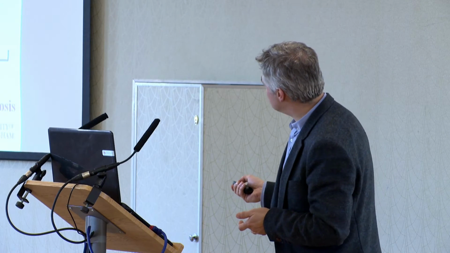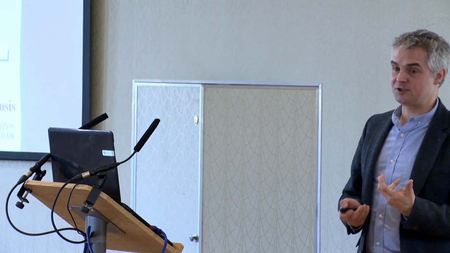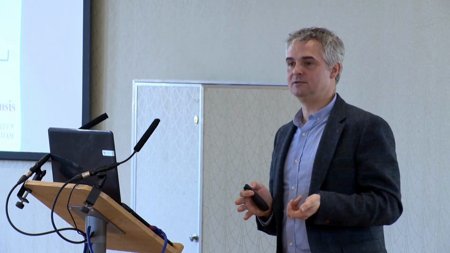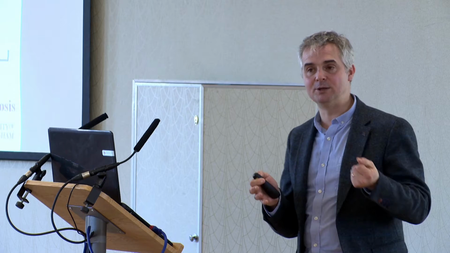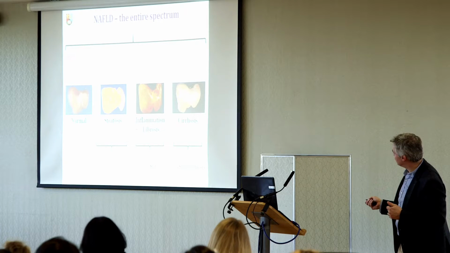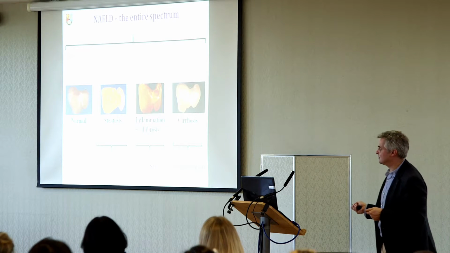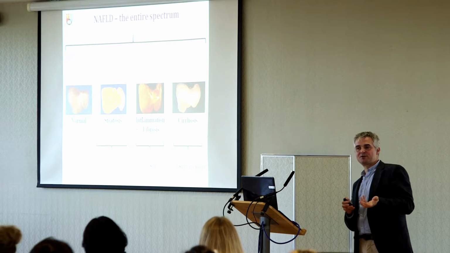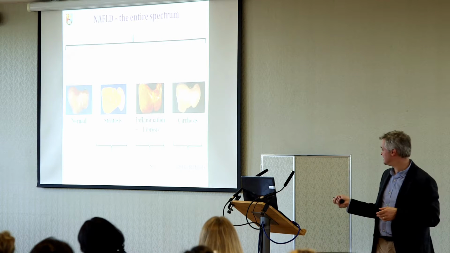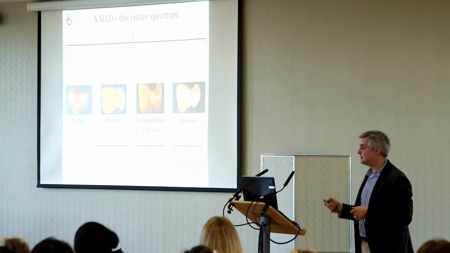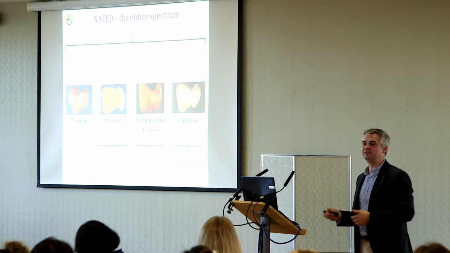Now, just having fat in the liver is not, in health terms, such a big deal. The liver's designed to have some fat, and the older you get, the more fat the liver has. It's a sign of normal aging. The trouble is here. This is where people start to get into trouble, because in some patients, approximately about 20 to 25% of patients with fat in the liver, they develop fat and inflammation.